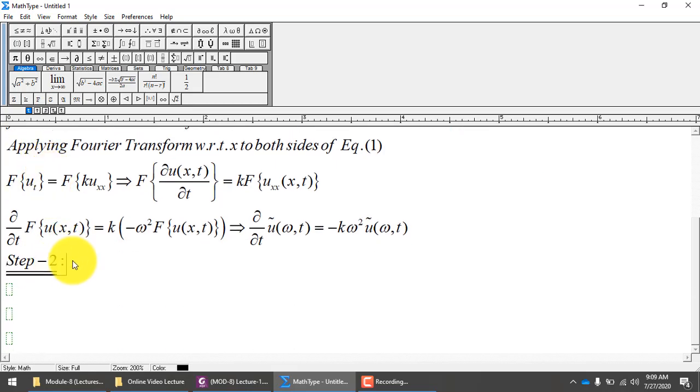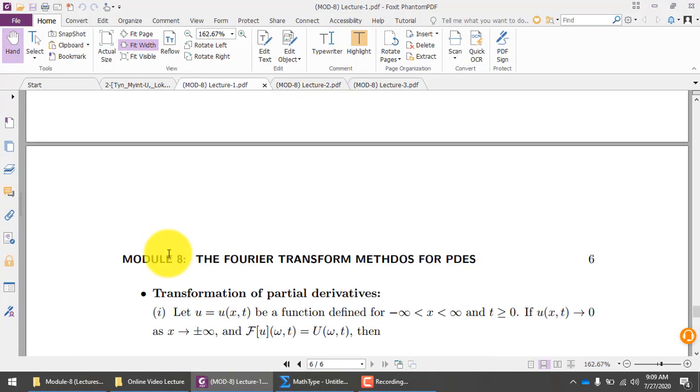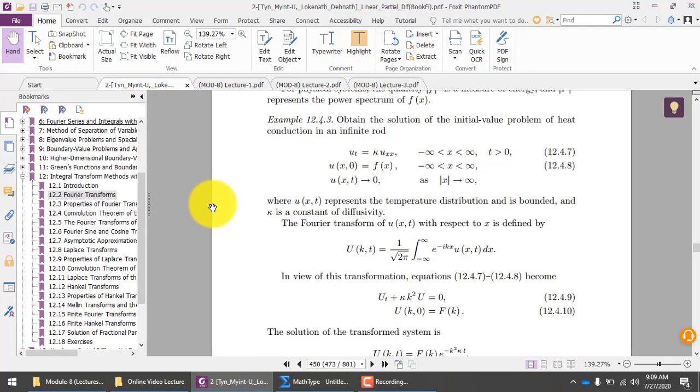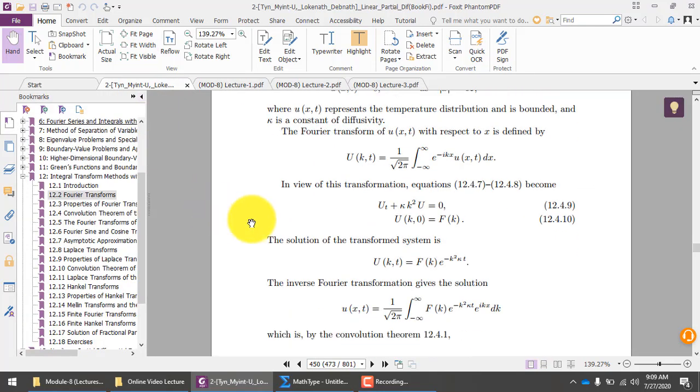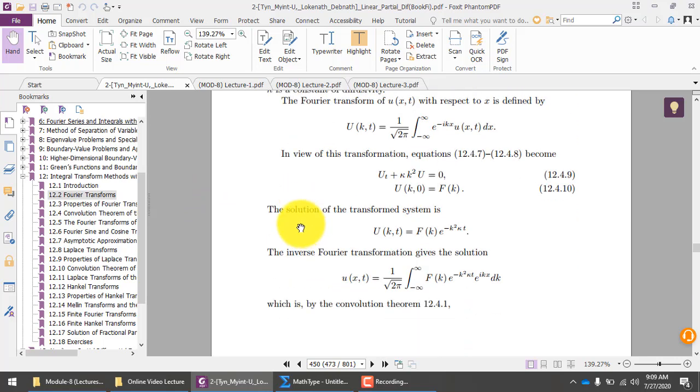So it is your choice whether you apply Laplace transform or not. In the example, Laplace transform with respect to t is not applied. This was the example in the Devnath book. I am solving this example, and in that example the Laplace transform with respect to time is not applied.